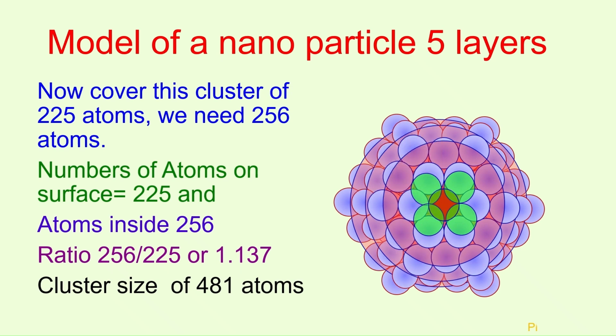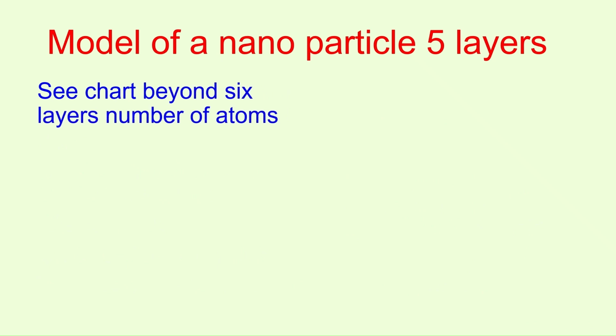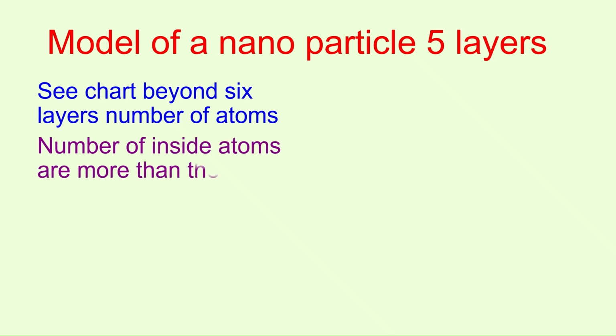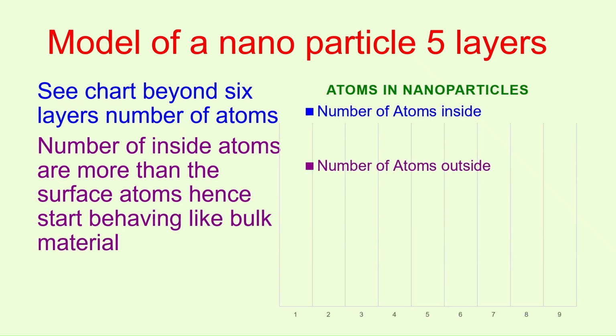Cluster size of 481 atoms. See chart. Beyond 6 layers, number of atoms. Please note, when the number of inside atoms is more than the surface atoms, it starts behaving like bulk material.